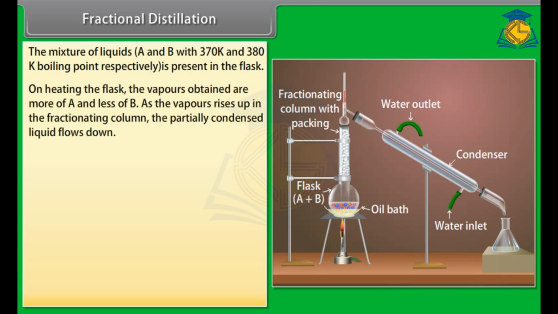On heating the flask, the vapors obtained are more of A and less of B. As the vapors rise up in the fractionating column, the partially condensed liquid flows down.